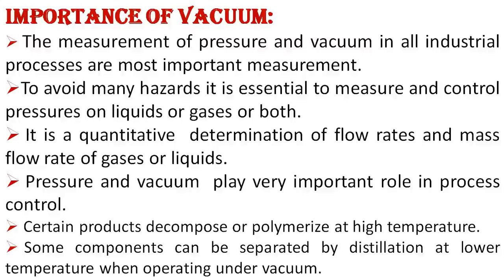It is the quantitative determination of flow rates, mass flow rates of gases or liquids. Pressure and vacuum play a very important role in process control, as certain products decompose or polymerize, and some components can be separated by distillation at lower temperature when operating under vacuum.